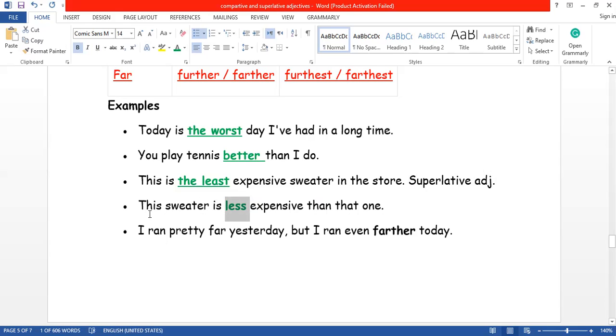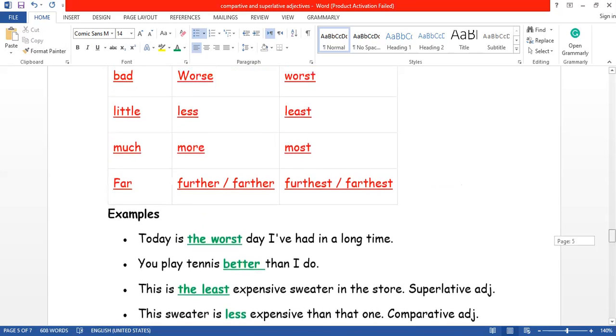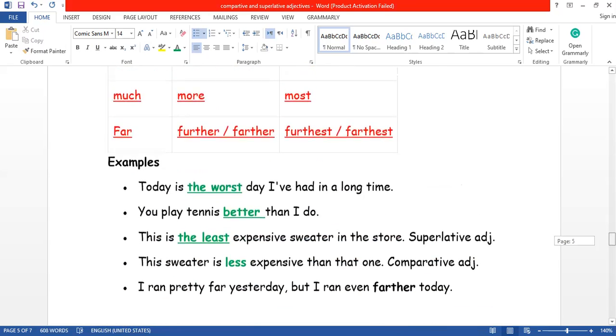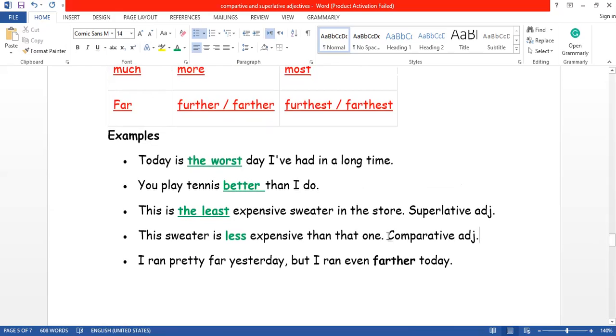So we are comparing between two things, this sweater and the other one. So here we have a comparative adjective, okay? This is highlighted with yellow, and it's highlighted here the same.